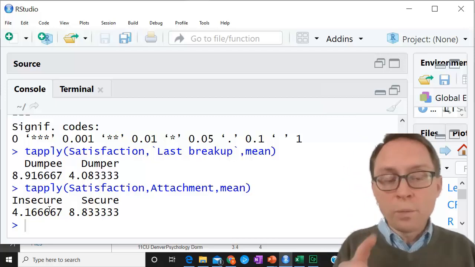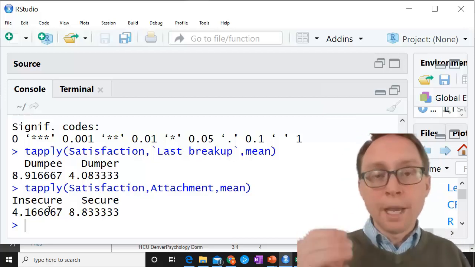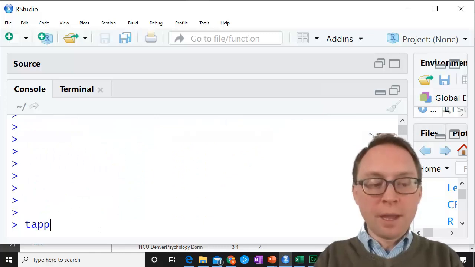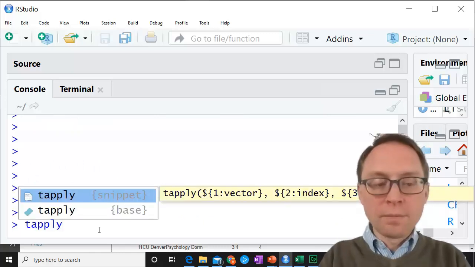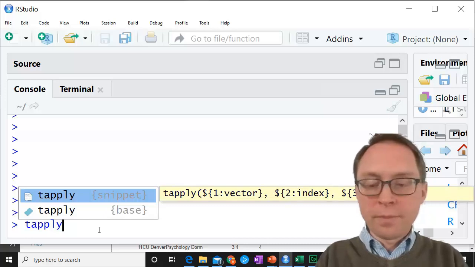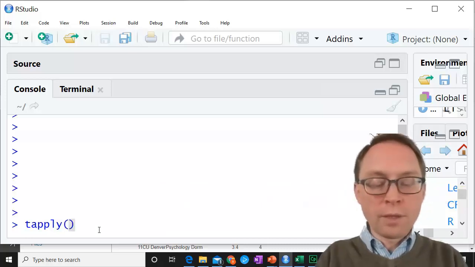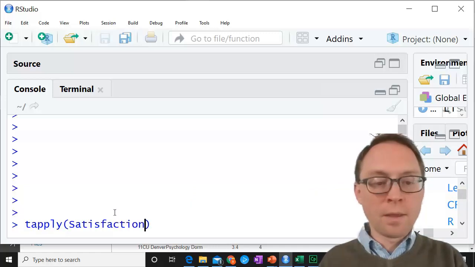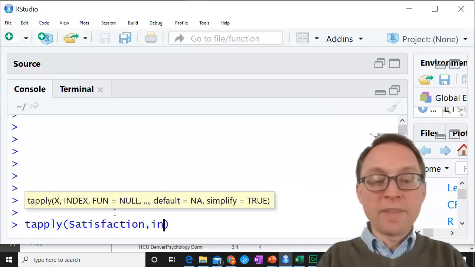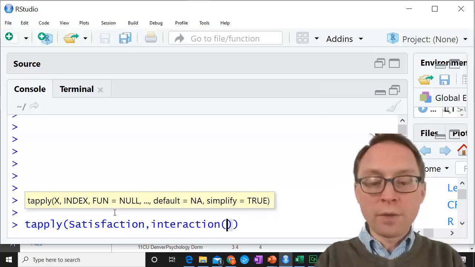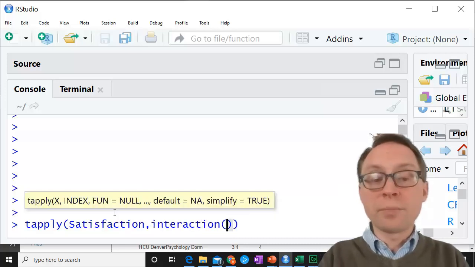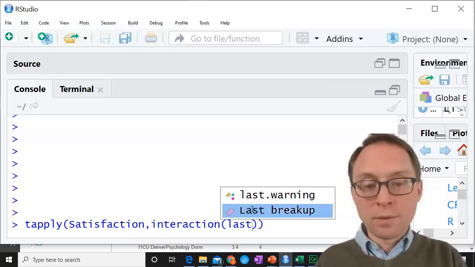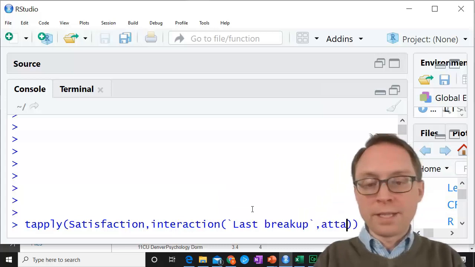Now, when we get to the interaction, that's when things get a little bit more complicated. For the interaction, we do a T apply. But now we are going to look at satisfaction separated by the interaction, as I'm writing the word interaction, and in parentheses, going to put the two factors that are part of the interaction, which are last breakup, comma, attachment.